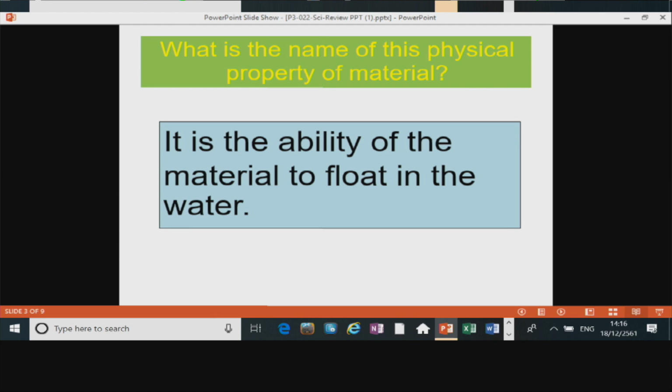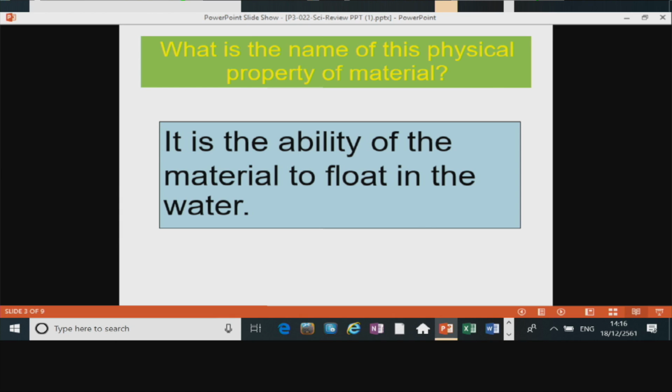Next one. What is the name of this physical property of material? Okay, ready guys? It is the ability of the material to float in the water.